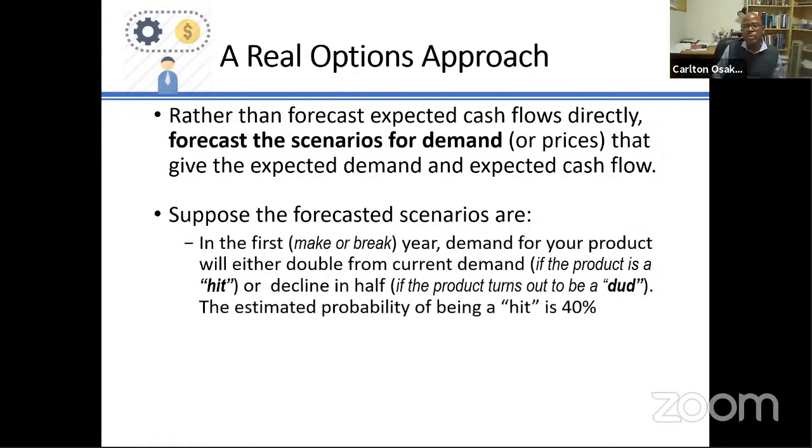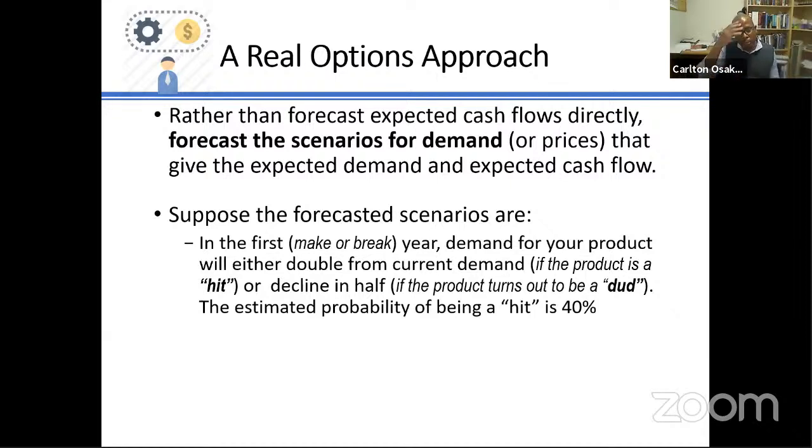So suppose, for instance, the forecasted scenarios are, in the first year, the so-called make or break here, the demand for the product will be high. So it'll either double from, say, the current 5,000 that they're seeing, in which case you'd say your product is a hit, and that's great, or it will decline in half.